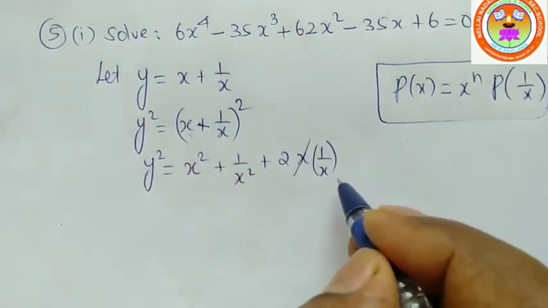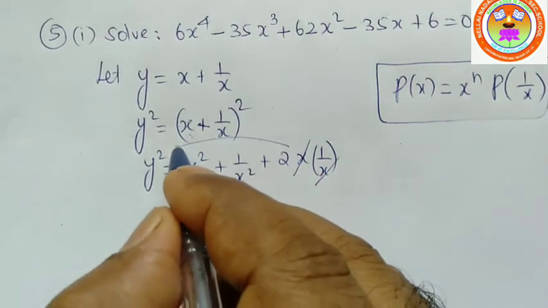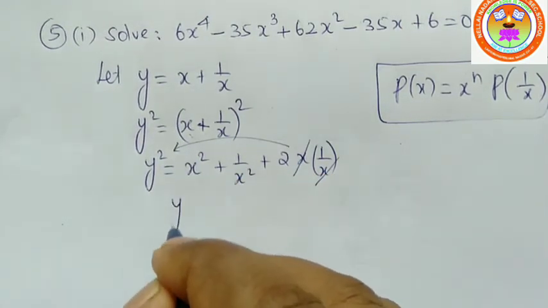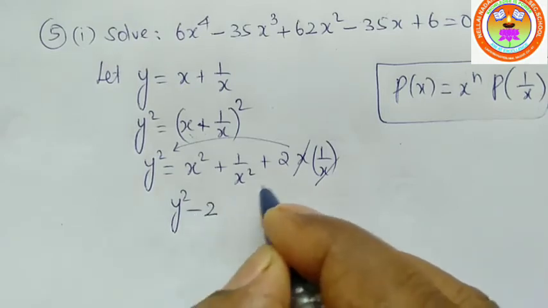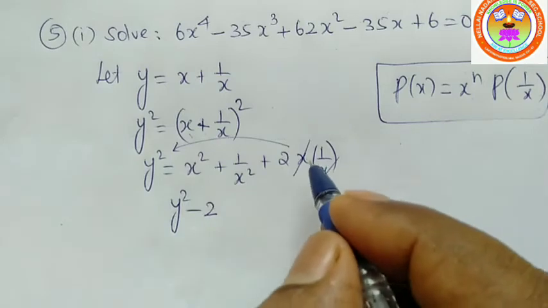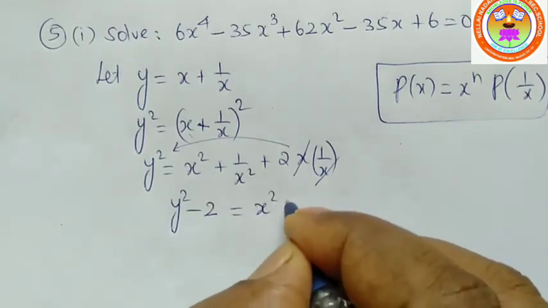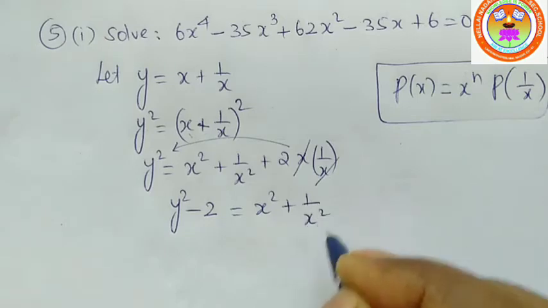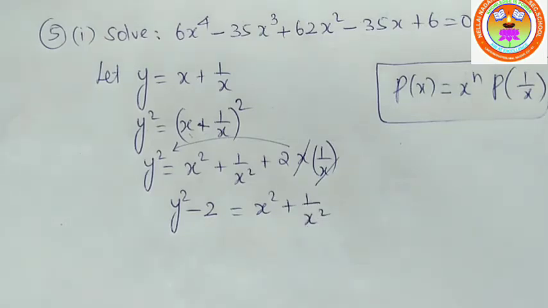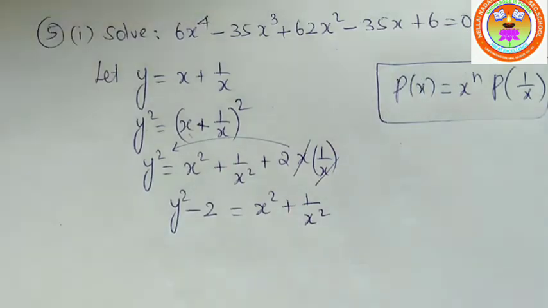We can cancel this x and x. Now bring this 2 to the left hand side. It will become y square minus 2. If you are taking this plus 2 into the left hand side, it will become minus 2, right? So y square minus 2 is equal to x square plus 1 by x square. Now we are going to rewrite this equation into one simple form.